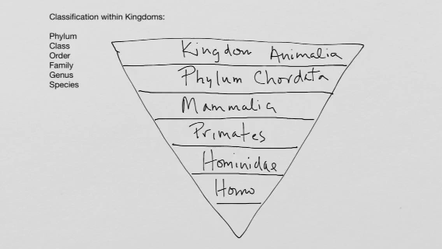And we know that all of these classifications are based on different physical characteristics. Different appearance, and we're going to see that some of these differences can be very, very minute.